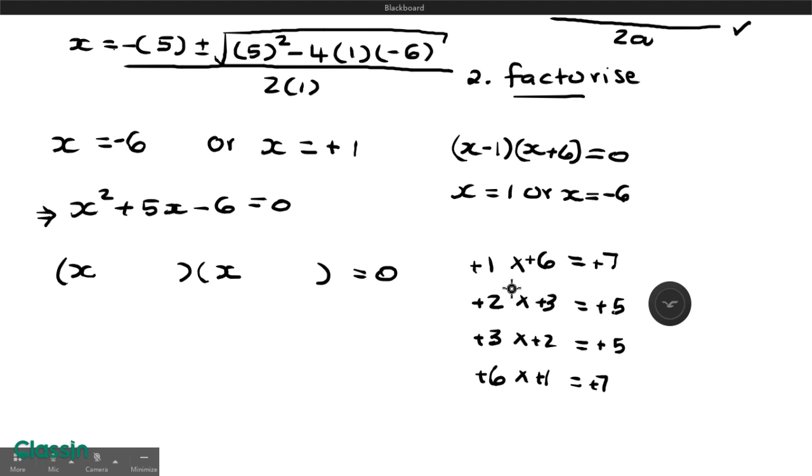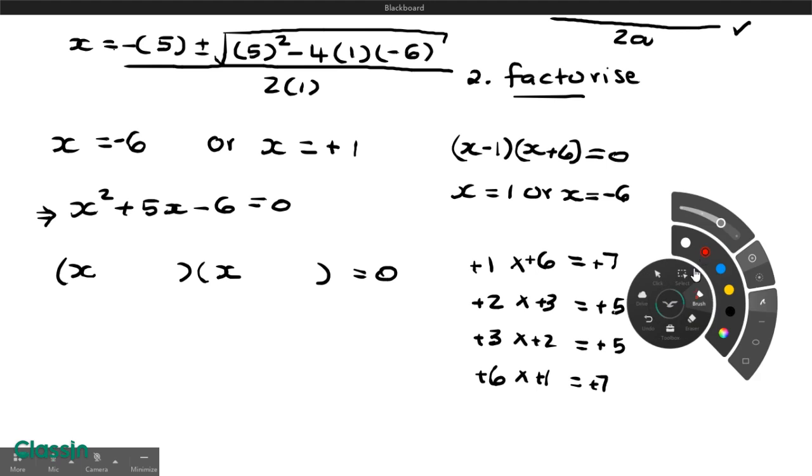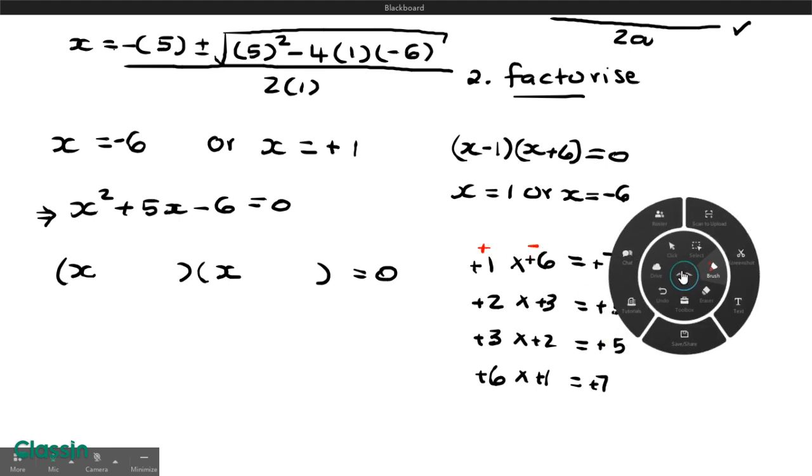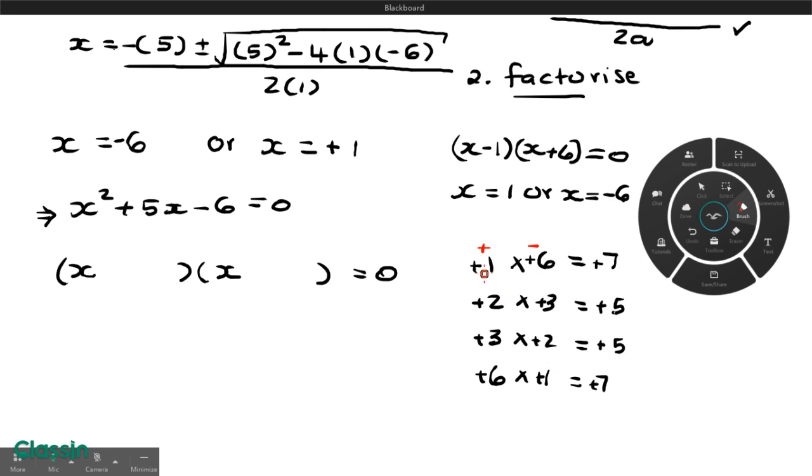Now, let's change one value here from positive to negative. We have positive this side. Now let's change the other ones. This one to negative. Plus 1 minus. So we are just putting this side as negative.